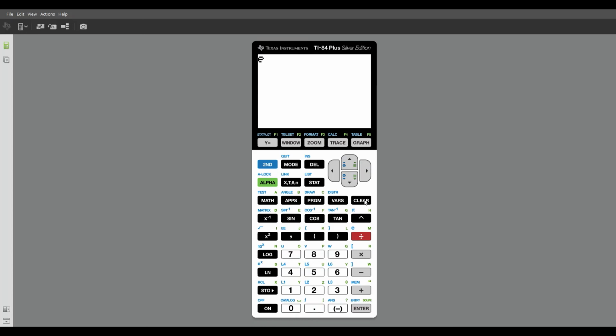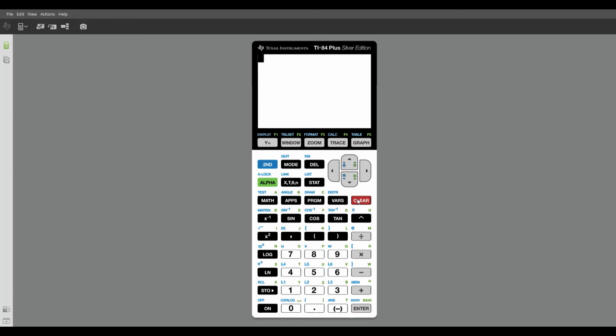If you look at the button next to the number 4, it's ln, that's natural log. You'll learn that in the next lesson. Above it in blue is e to the power of x. So if you want an exponent attached to your e, you can press second and then that button, and then type in whatever exponent that is. So now you know where those buttons are.